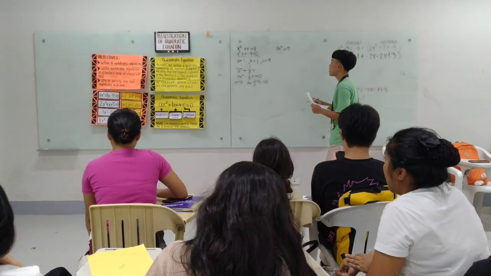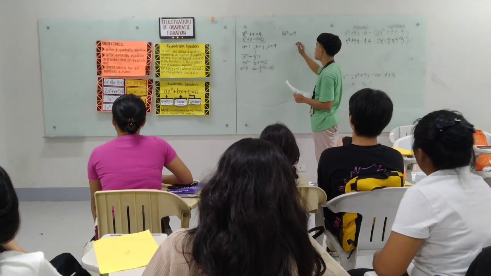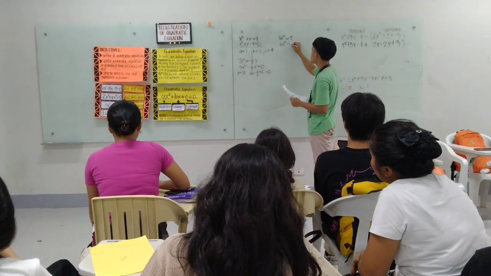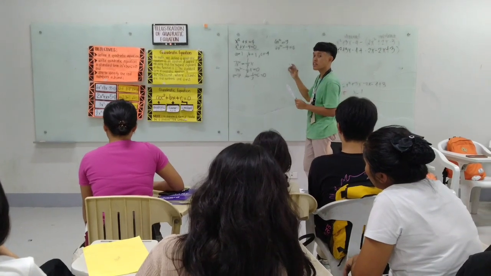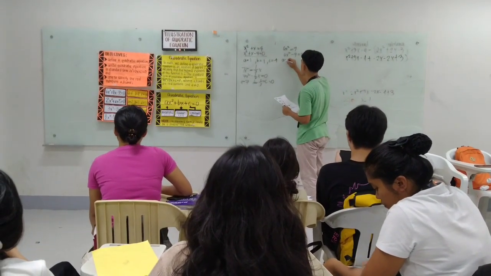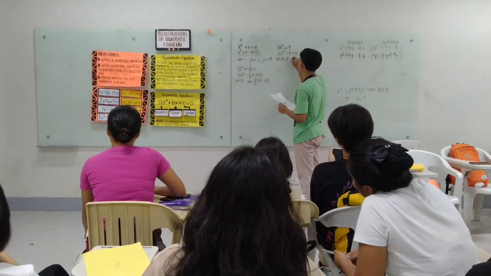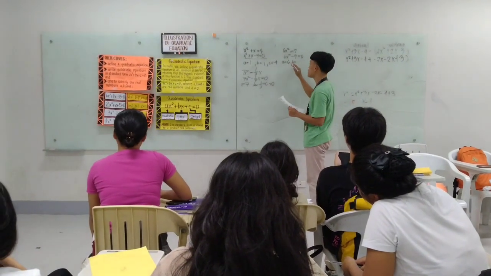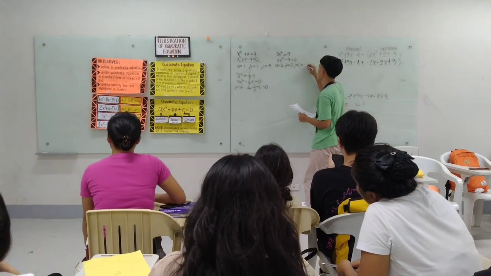This equation is different from the previous, so we will also transpose it. So 6x squared minus 9 is equal to 0. So now we have our standard form. We can now identify the terms, which are A, B, and C. So our A here is equal to 6, and our B, since we don't have B, it is going to be 0, and our C is negative 9.